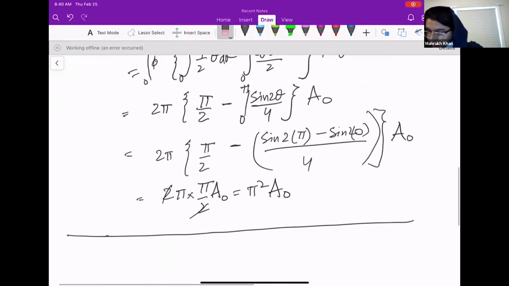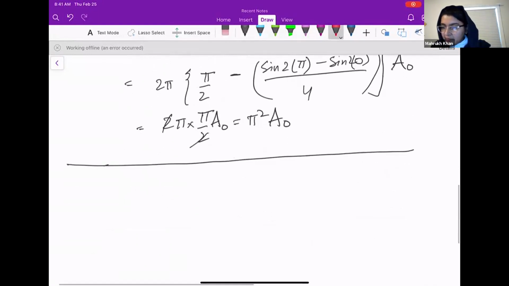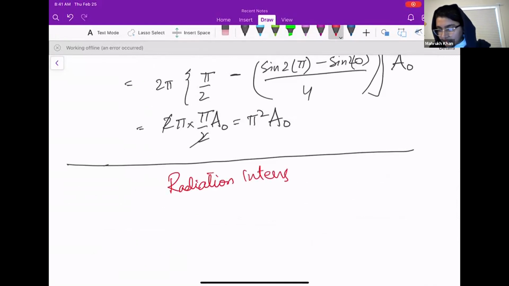Okay. So this radiation intensity is very near to radiation density. It's just another way of defining it, but we need to define it because we will use it in future references. So I am just writing it. So radiation intensity.